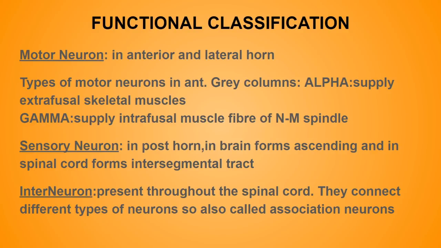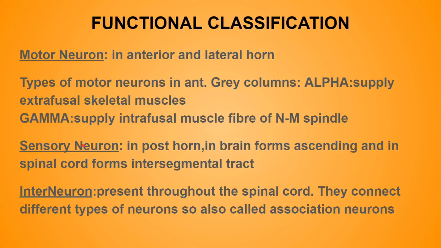Remember, all the neurons in the grey matter are multipolar only, but here the alpha is the larger one, while the gamma is the smaller one. Now the alpha actually supplies the extrafusal skeletal muscles, and the gamma supplies the intrafusal muscle fibers of the neuromuscular spindle of the skeletal muscle.